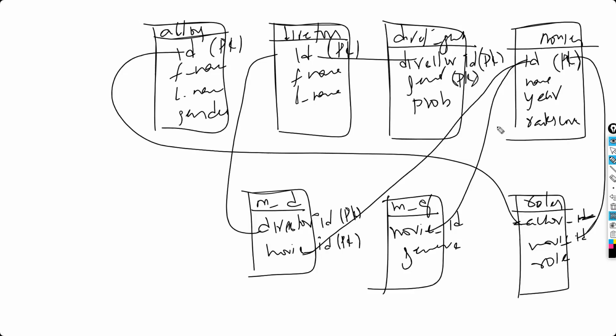Multiple tables are connected. 3 connections are there with the movies table. Let's bring the movie into the center while drawing neatly. One side you keep the movie genres, one side you keep the movie directors.